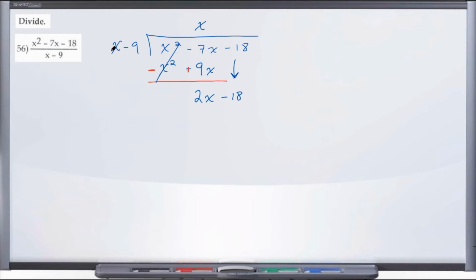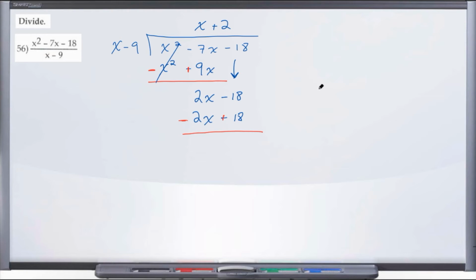What do I have to multiply x by to get 2x? Well, I have to multiply by a positive 2. Now 2 times x gives me 2x. 2 times -9 gives us -18. We want to draw our line, change our signs.